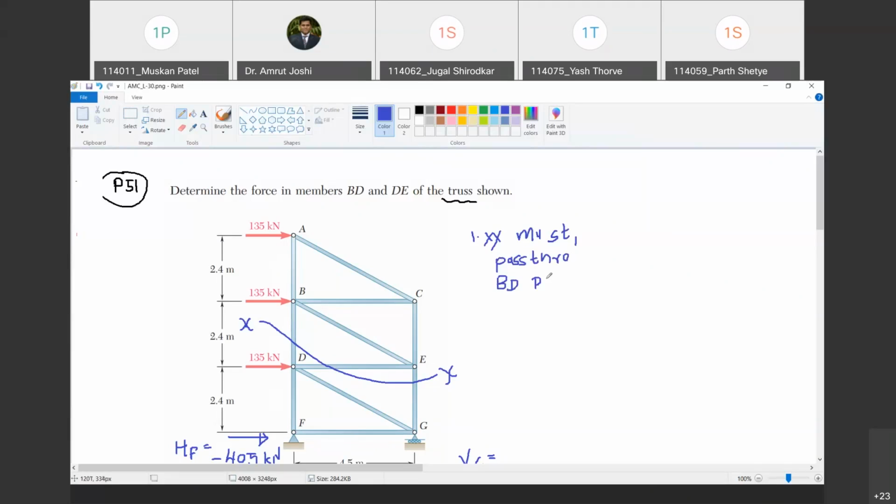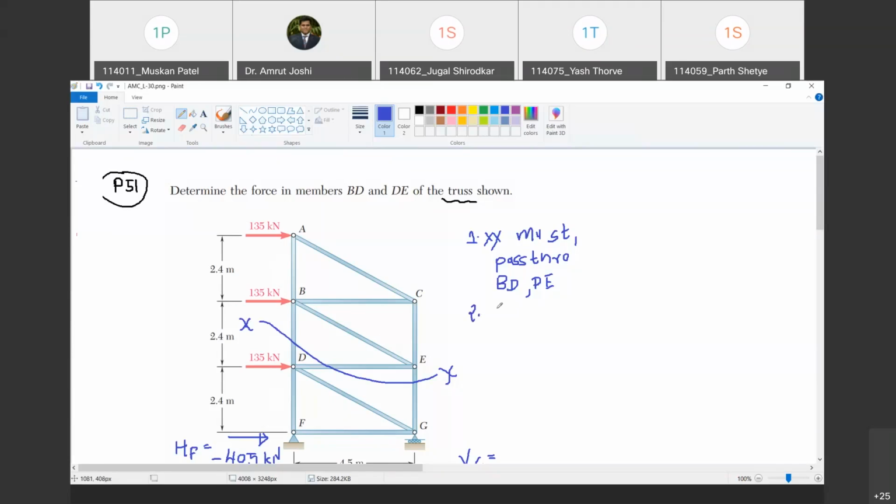Yes, sir. Because only and only if these members are cut, then only we can talk about the forces within those members. Unless we cut the member, we will not be able to envisage what are the forces and what is their nature in these members. So this section must pass through DE and BD. That's for sure. What is the second criteria?